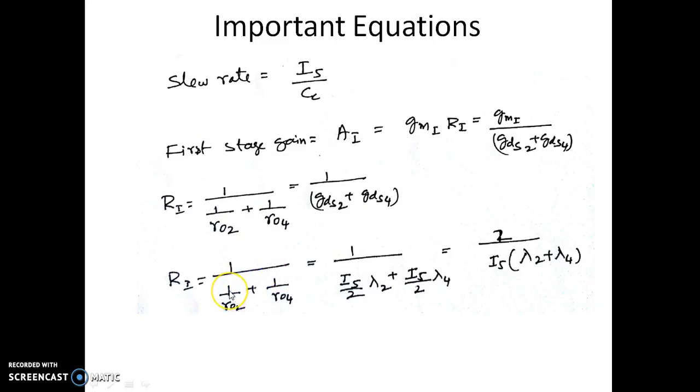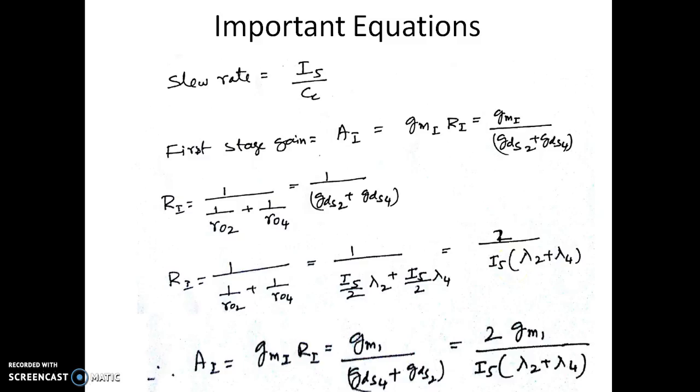We can also express 1 over R0 in terms of the current flowing through the MOSFET and its channel length modulation factor. So we can write 1 over R02 as I5 by 2 into lambda 2, and similarly 1 over R04 as I5 by 2 into lambda 4. This can be rewritten as 2 divided by I5 into lambda 2 plus lambda 4.